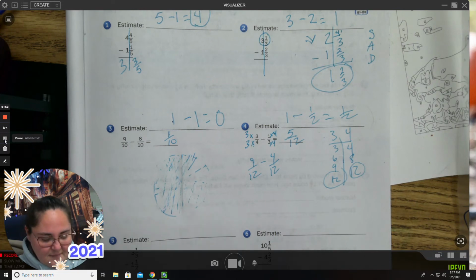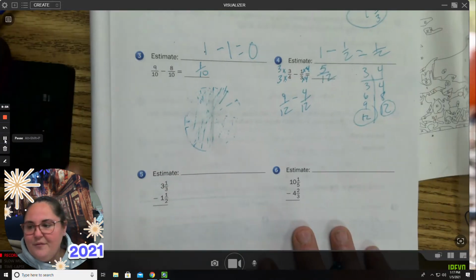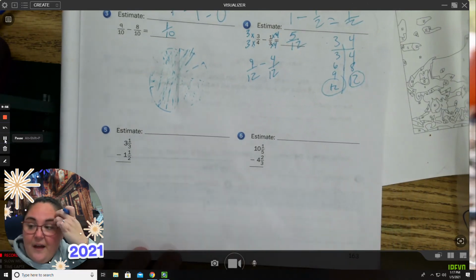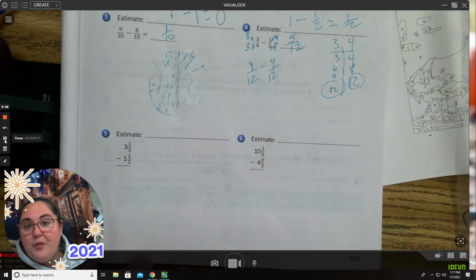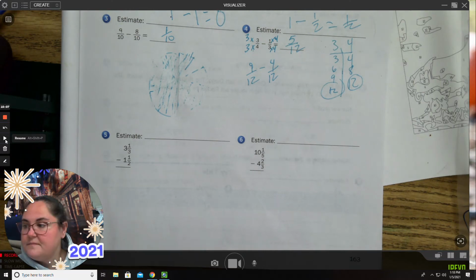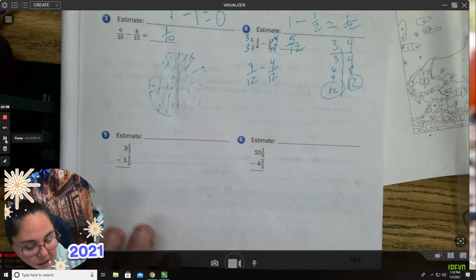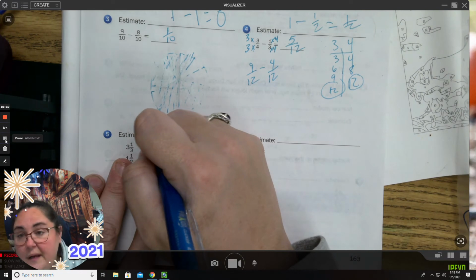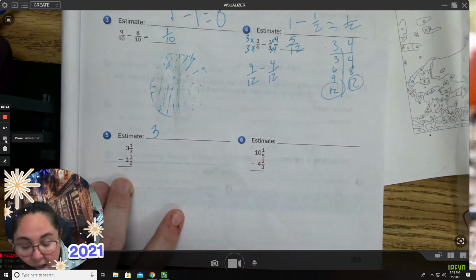All right, let's look at number 5. On number 5, I want you to try to do the estimate on your own. 3 1/3. What is that close to? Minus 1 1/2. What is that close to? What is your estimate? All right, 3 1/3 I'm going to say is close to 3. 1 1/2 I'm going to say is close to 1 1/2.